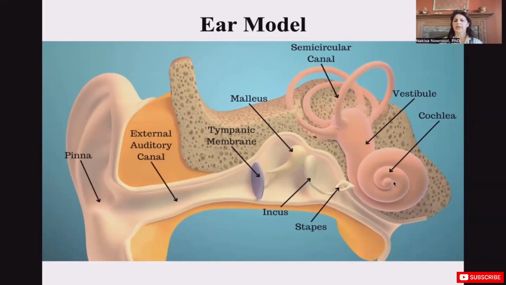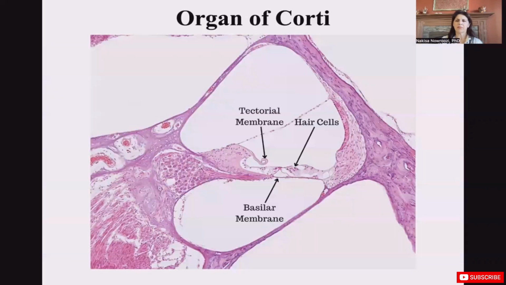So if I took a cross section of the cochlea and magnified it under the microscope, I would see the organ of Corti. I have a fluid-filled structure here, a fluid-filled structure here, and only this part is called the organ of Corti.